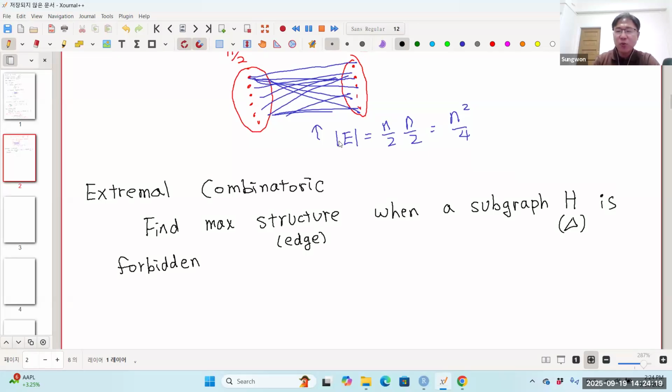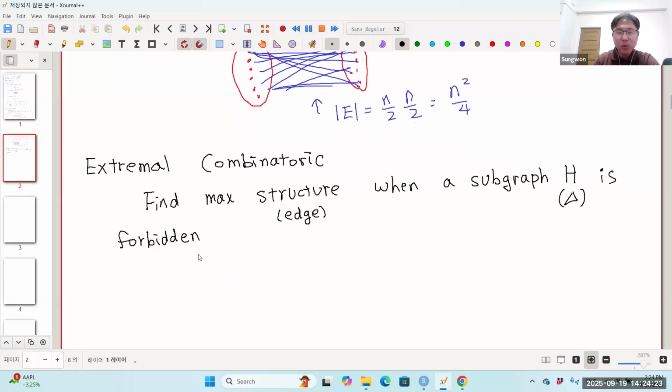And there's a notation for the maximum number of edges. The notation is EX(n, H), where n means the number of vertices, and H is the subgraph that is forbidden.